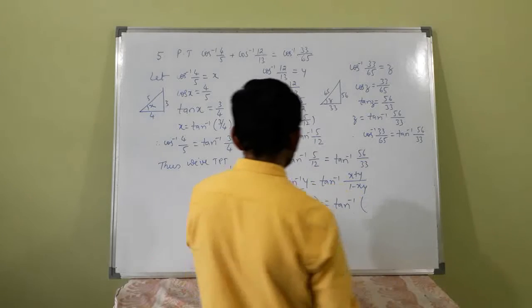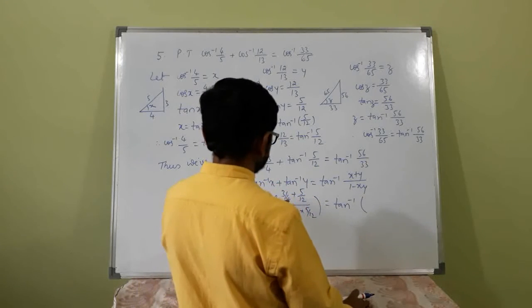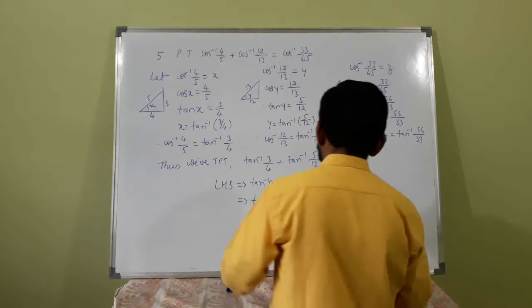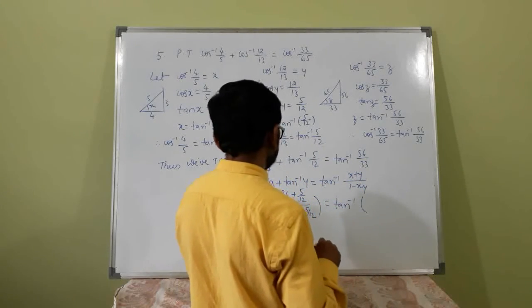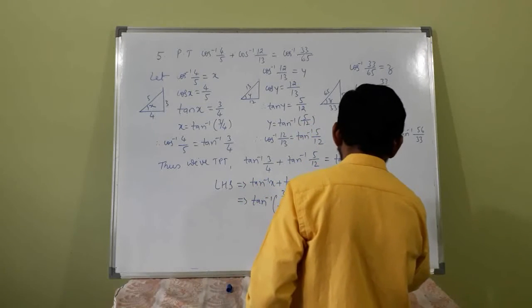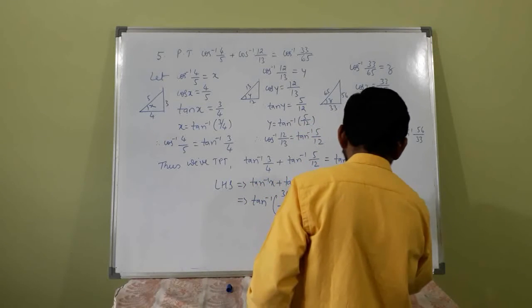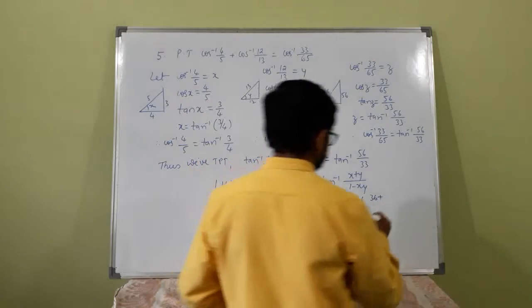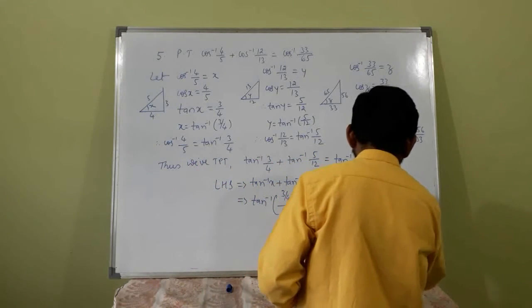If you make this 48, 4 into 12, 3 into 12 is 36, plus 12 into 4 is 48, 5 into 4.